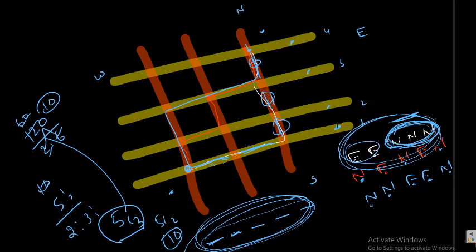Those many routes. 5 letters, 5 blanks, 5 factorial. But 2 E's, 3 N's, that's why divided by 2 factorial into 3 factorial. So what will I get? 10. Or in other words, I want to select 3 N's to fill these blanks. 5 places are there, I want to select 3. 5C3 ways I can select. So 5C3 or 5C2, that also is 10.